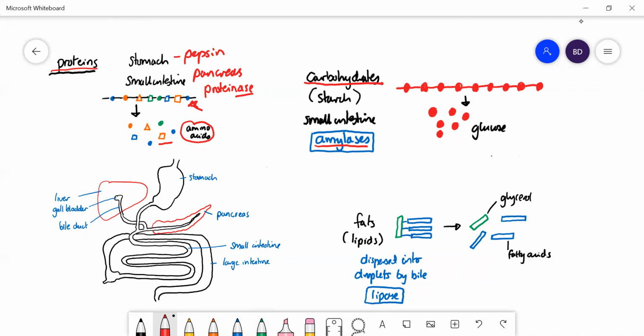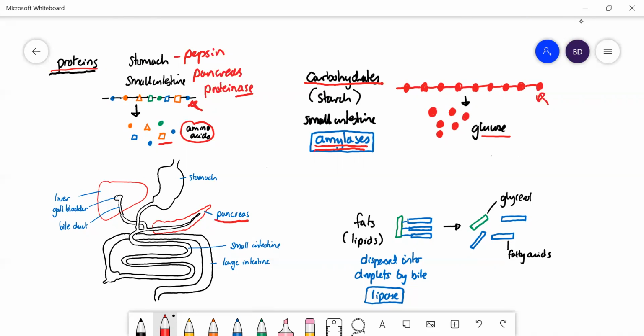So once the food leaves the stomach, the main digestion of carbohydrates starts when the pancreas secretes amylase, and that will break the starch here, which is the polymer, the big molecule, into the monomers, glucose, which are small, and they are soluble. And again, it's a bit like the situation with the proteins.